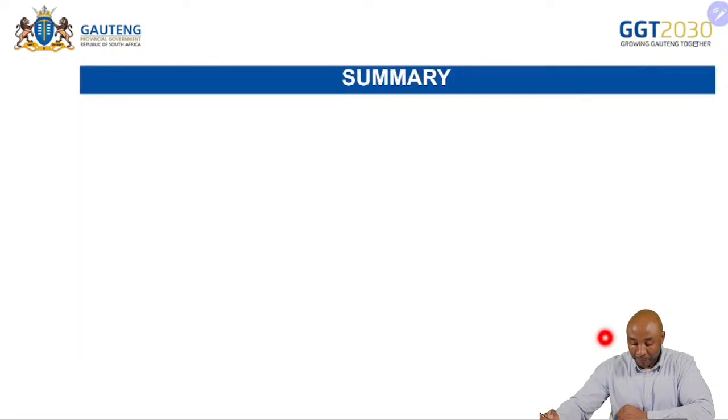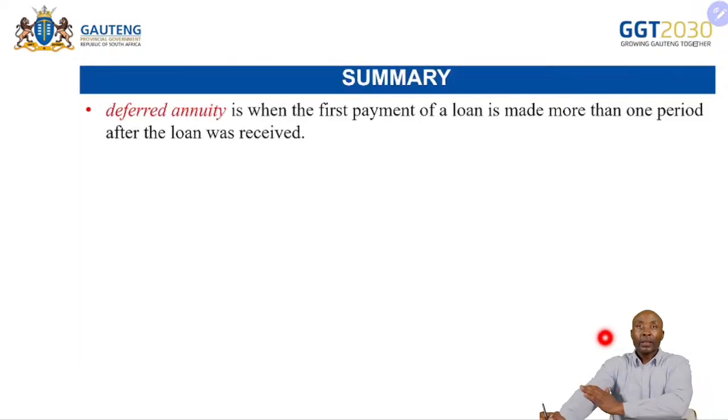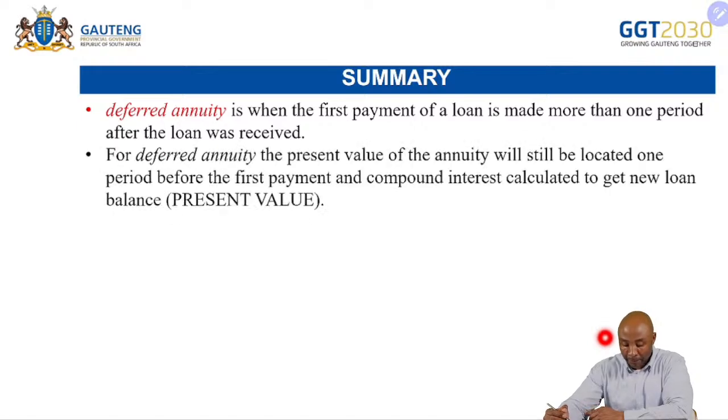Now, in summary, we looked at deferred annuities where the payment of a loan does not begin after the gap, but it actually begins after a certain period that was agreed on. Remember, there should always be a gap between the loan and the start of our payments.